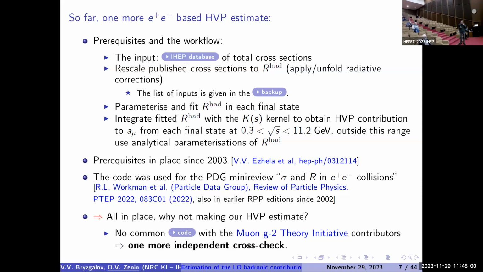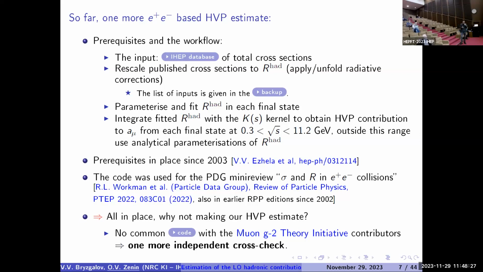It should be mentioned that all those ingredients have been around for 20 years. We participated in the Particle Data Group collaboration, where we maintained the review on total hadronic cross-section with e+e− beams. The reference to our last contribution to PDG is given here.